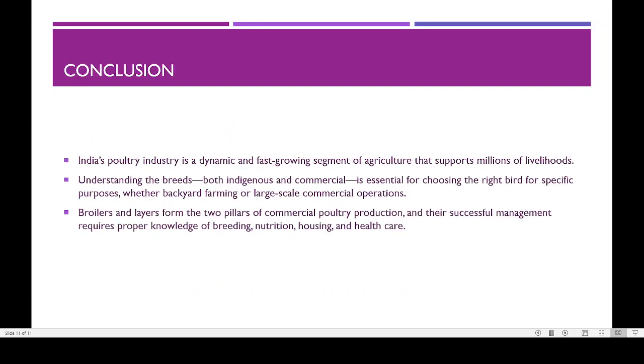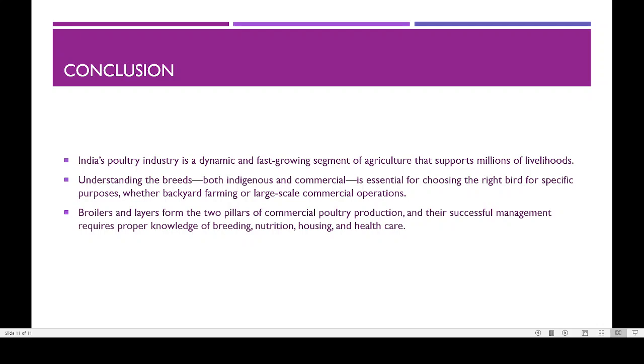Finally, coming to the last part, it is a very fast growing segment of agriculture and is supporting the jobs and income of many millions of people. We have two different kinds of breeds, indigenous breeds as well as commercial breeds. We have both broiler type chicken and also egg laying type chicken.